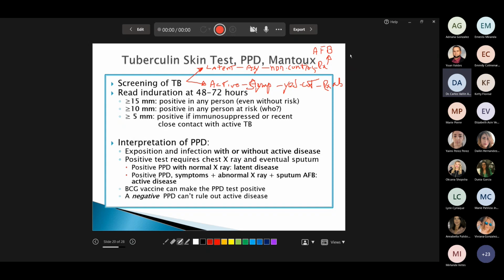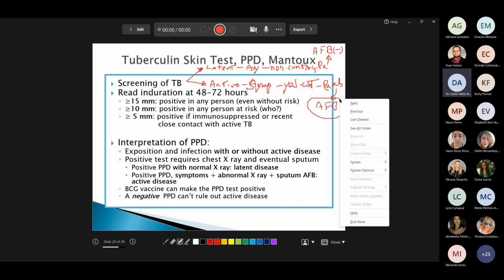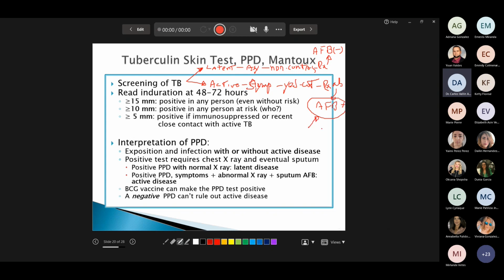Acid fast bacilli is negative, no AFB in the sputum, if the person has latent tuberculosis. If the person has active tuberculosis, the acid fast bacilli is positive, and this is the gold standard. This is the last word. This is the confirmation that the patient has tuberculosis.